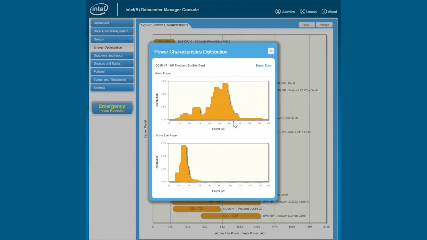So if I draw an imaginary line here, I can say that this specific model of device, and the number here is probably 380 watts, will never take more than 380 watts in peak power, because the majority of the population of the devices of this model in my environment never take more than 380 watts, because they're all here to the left-hand side.